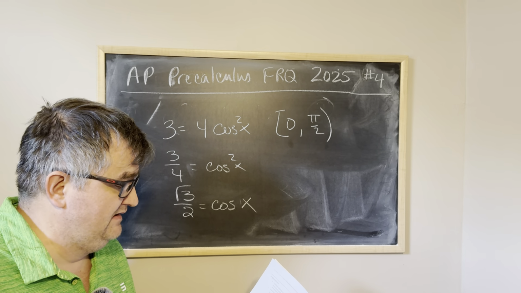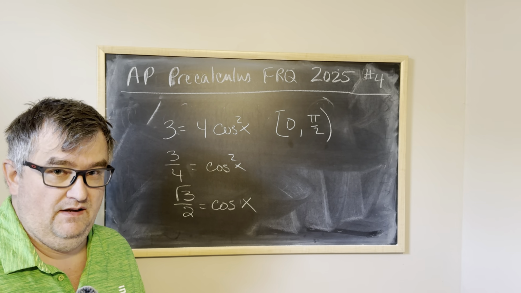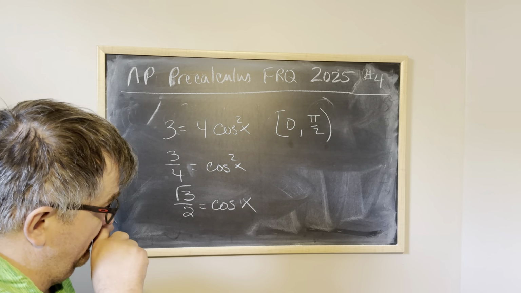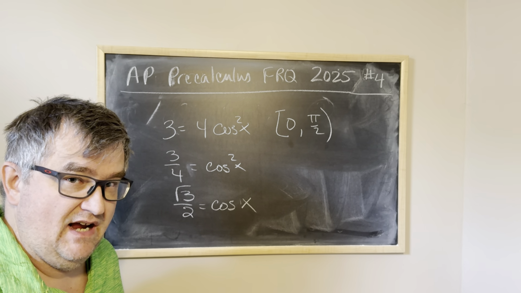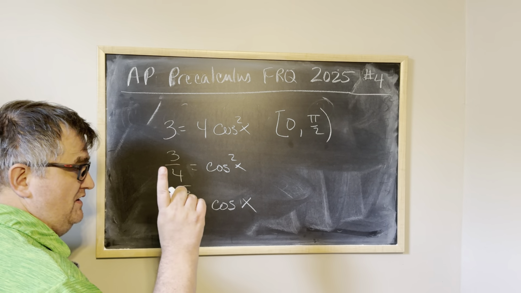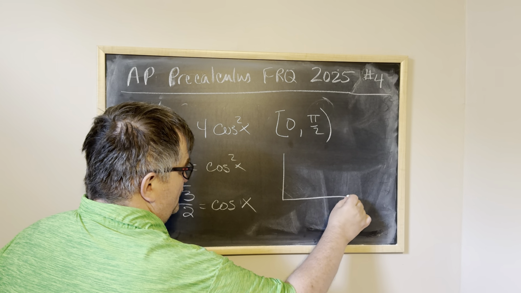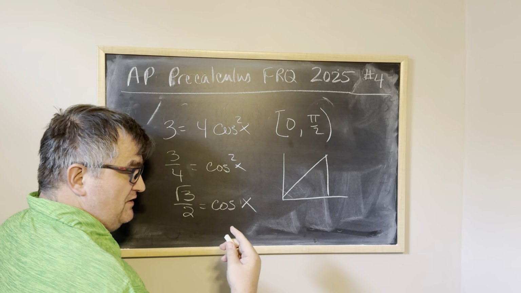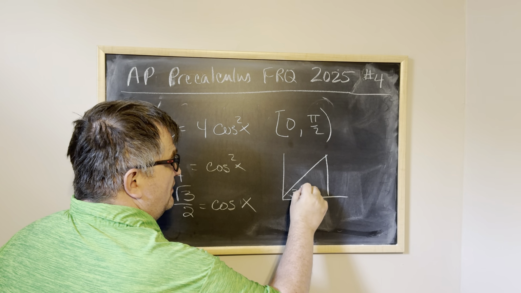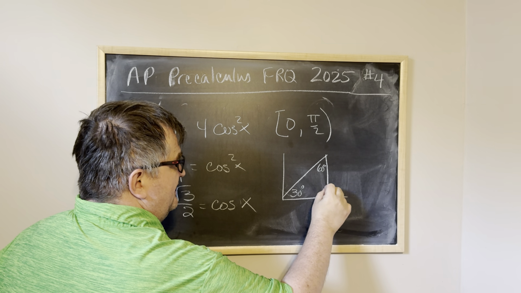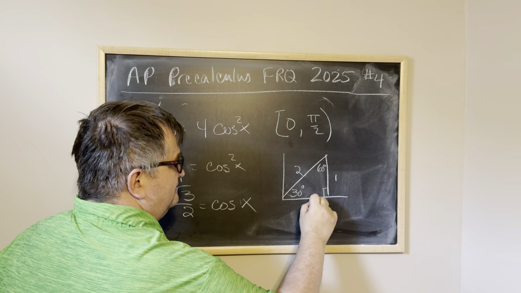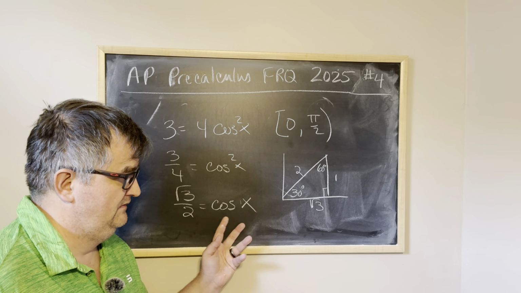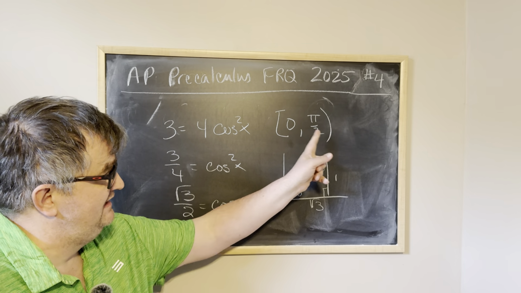Now, at this point, you should know what this value is over the interval. Now, the problem is you're trying to do this under time pressure. So, trust but verify. Draw yourself a triangle. We know pi over 3 is a special triangle. So I'm going to put it in degrees. We'll convert the radians. It'll make my point. And now cosine of this triangle, and it's in quadrant 1.